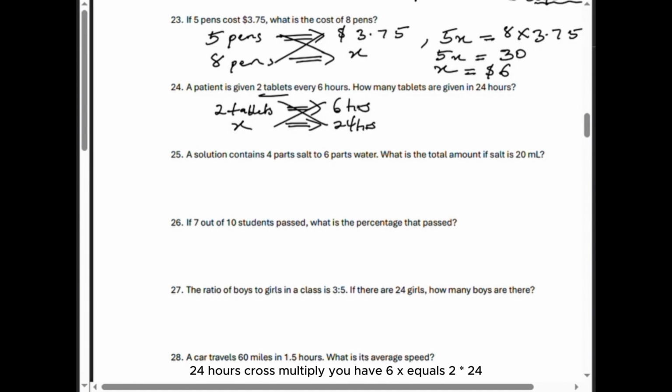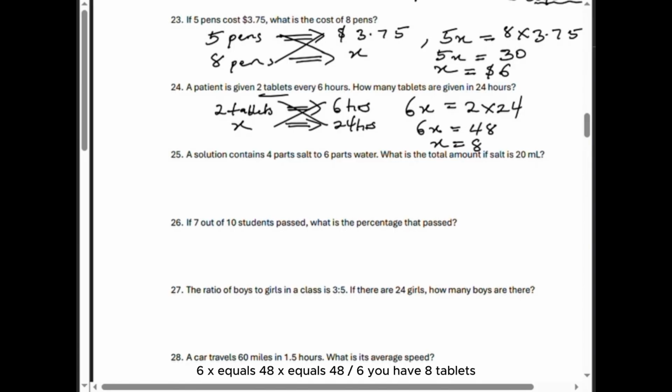You cross multiply, you have 6x equals 2 times 24. 6x equals 48. X equals 48 divided by 6. You have 8 tablets.